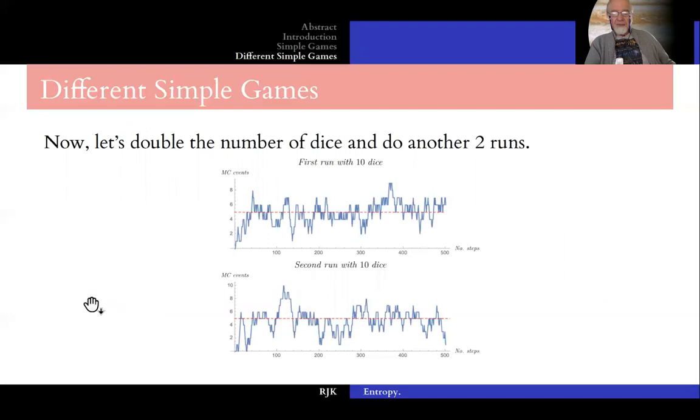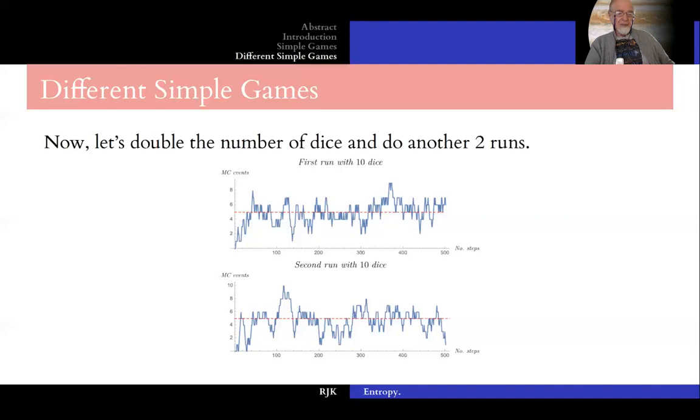So let's double the number of dice. Now we've got 10 dice, and we'll do another 2 runs, and this time we're going to do 500 steps at a time. Now for the second run, they do go all the way up to 10, and they do come all the way down to 0, but not very frequently. And on the first run, except for the initial conditions, they never go up to 10 and they never come down. So they seem to stay closer to the mean as we have more dice.